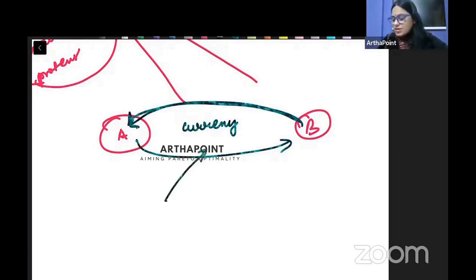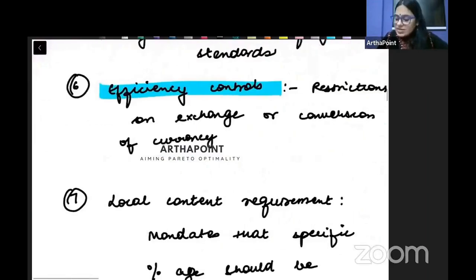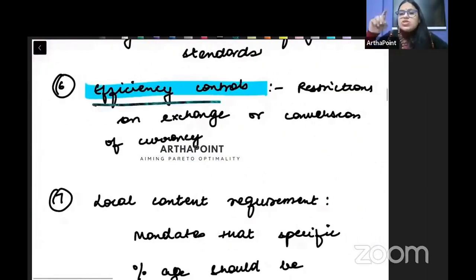But what if the government stops this currency conversion? The government says we are not giving you this currency, so there will be no imports because there is no conversion of the currency taking place. That is called a restriction. You are restricting the currency conversions.